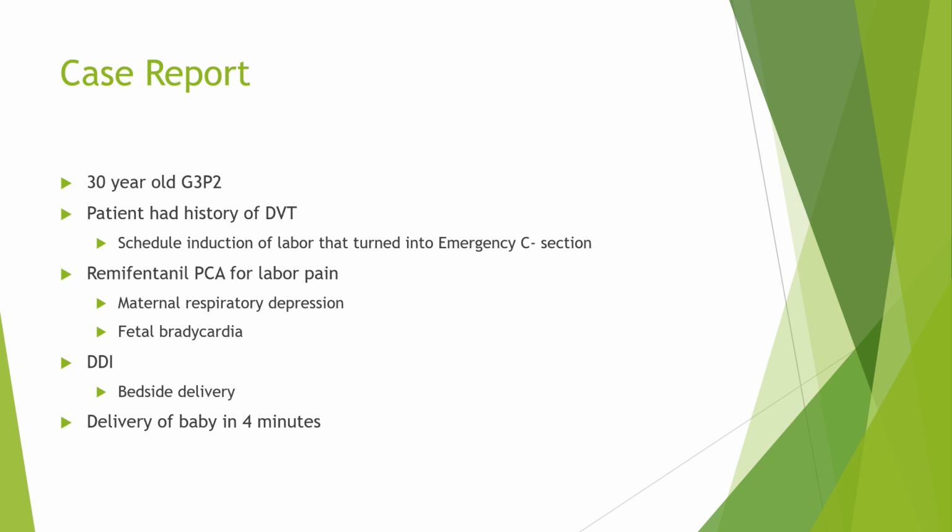This led to her chest wall rigidity and quick desaturation, which ultimately affected the baby and caused decreased fetal heart tones. This was unknown at the time, but the quick decision of the surgical team and anesthesia team to bring the patient back for a stat C-section saved the life of mother and baby.